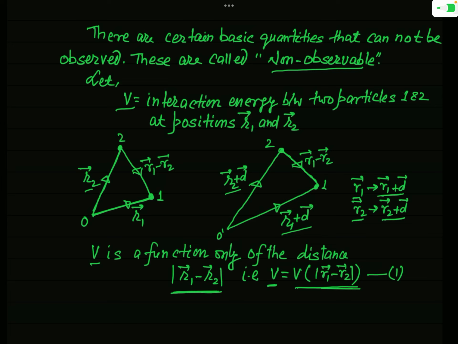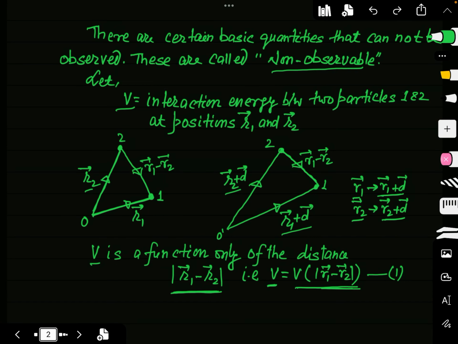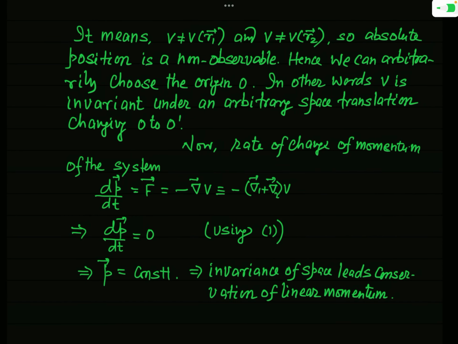So this is just a translation of the position, or you can say just a translation of the space. Actually, this translation of a space leads to a very important symmetry, and this symmetry leads to a conservation principle which is called conservation of linear momentum.